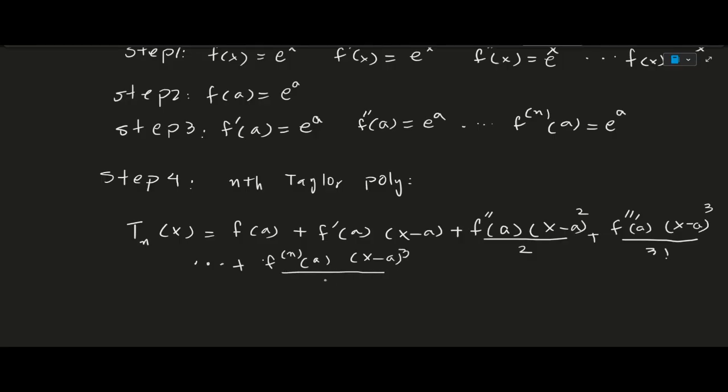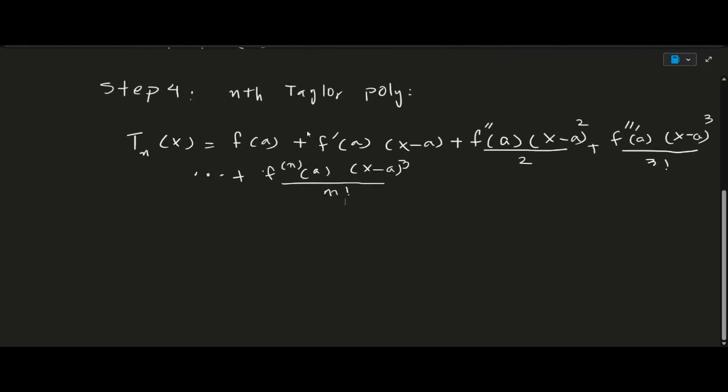So that's a general formula for the nth Taylor polynomial. Now I'm going to find T n of x for our function. We evaluated f of a, and it was e to the a.